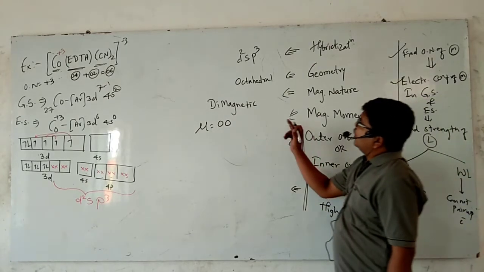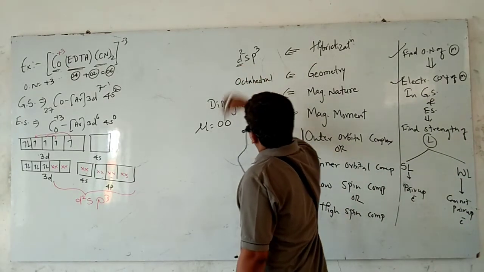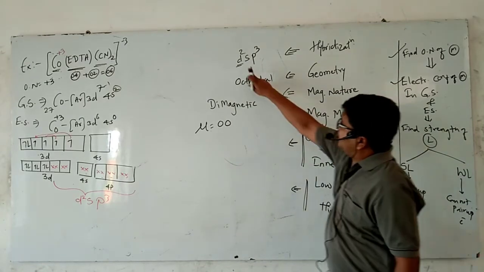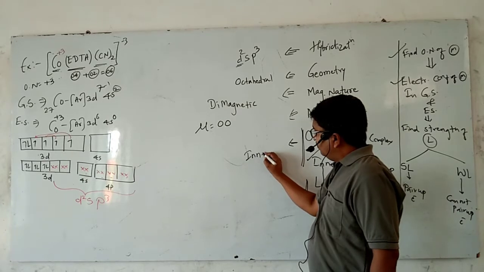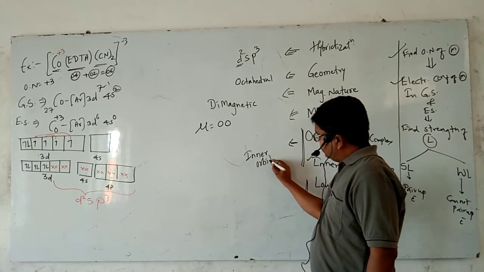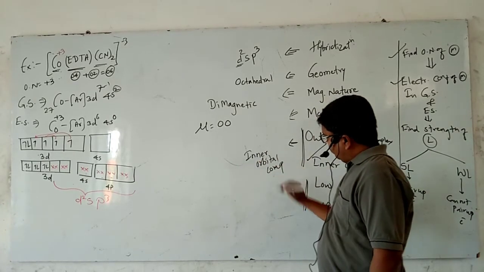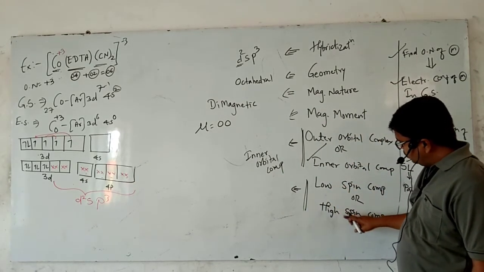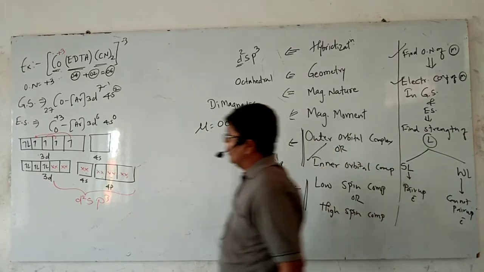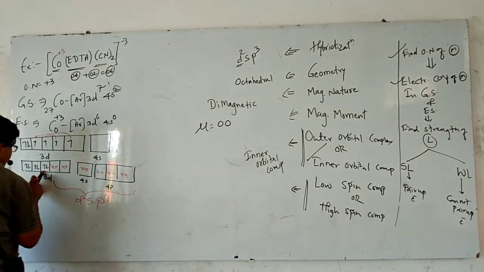Now you can see in the hybridization, d comes first. So if d comes first, it will be an inner orbital complex. And the last one is whether the complex is a low spin complex or a high spin complex. Here, unpaired electrons are not present.